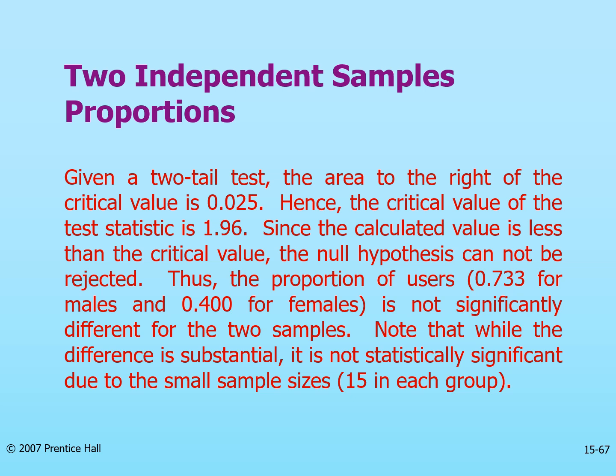Since the calculated value is less than the critical value, the null hypothesis cannot be rejected. Thus, the proportion of users is not significantly different. Note that while the difference is substantial, it is not statistically significant because of the small sample size. Understand the proportion of users: when we say 0.733 and 0.4, it means that the men's users are 83% greater.